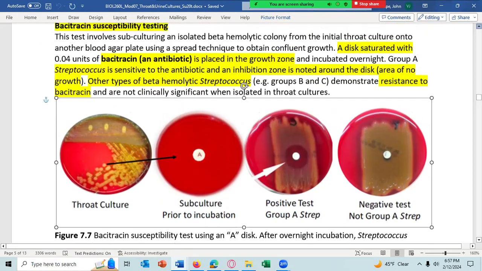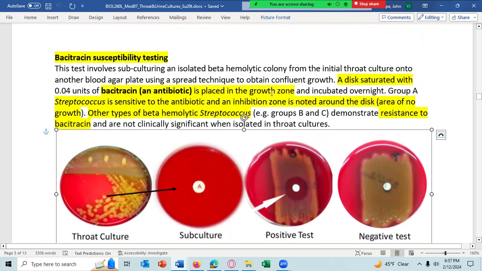Any question about how we determine whether we have Streptococcus pyogenes? And any question about the catalase test or the bacitracin sensitivity test?